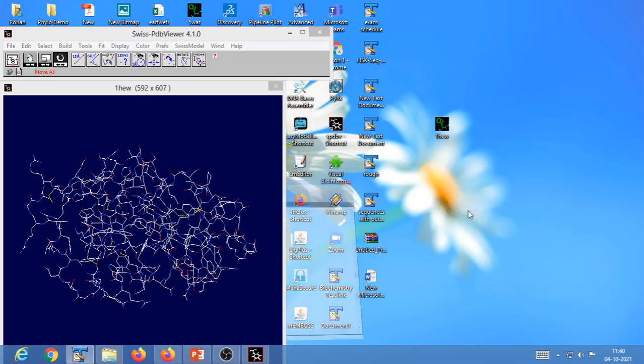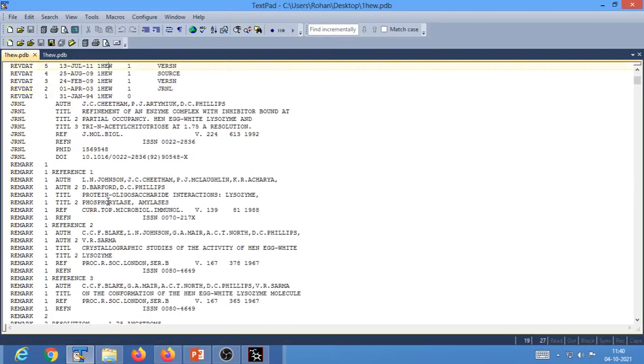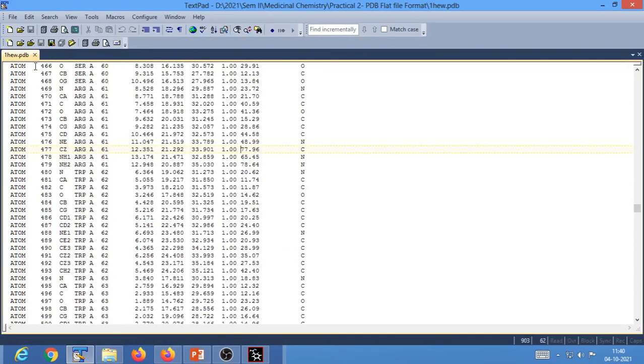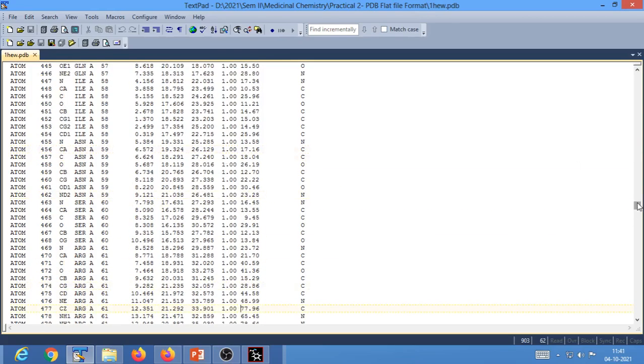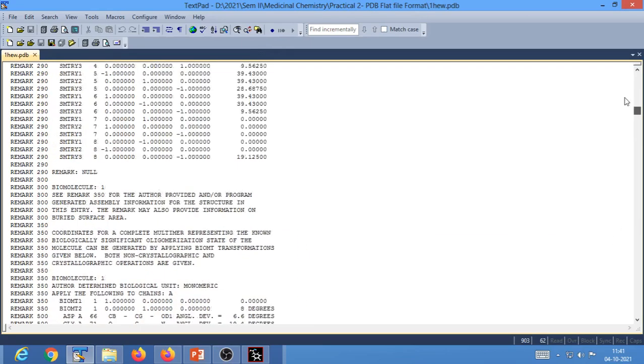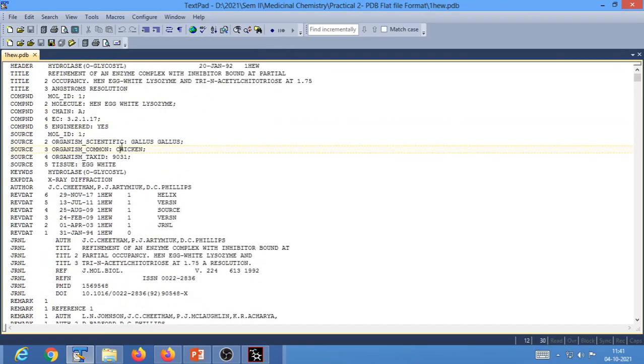Most of the time I would be using TextPad; I'm comfortable with TextPad. Now let us focus on how the structural data is arranged, or in other words, we would be discussing the PDB flat file format.